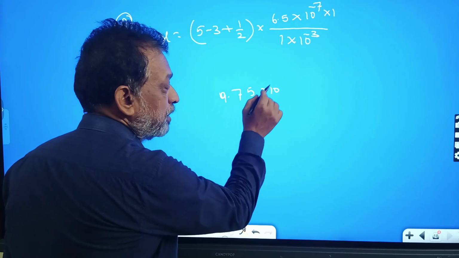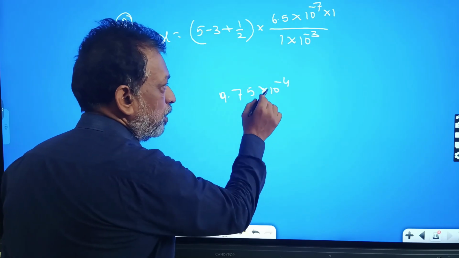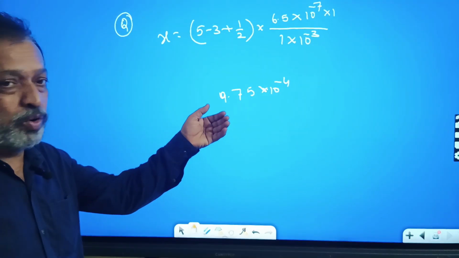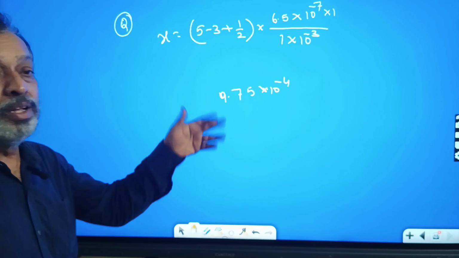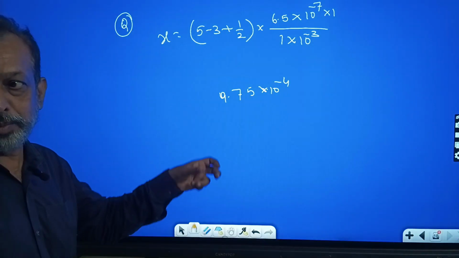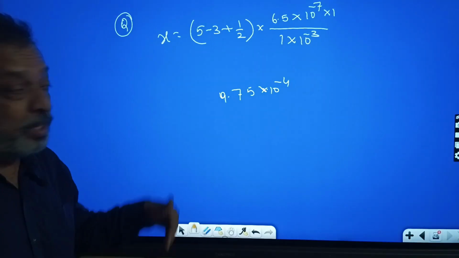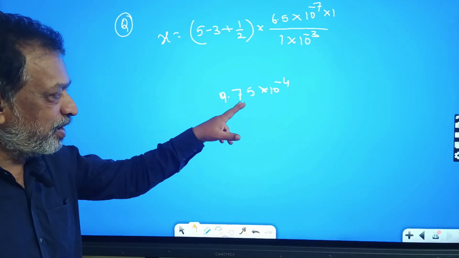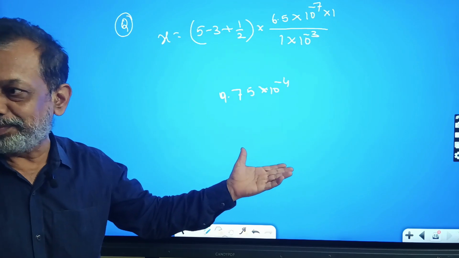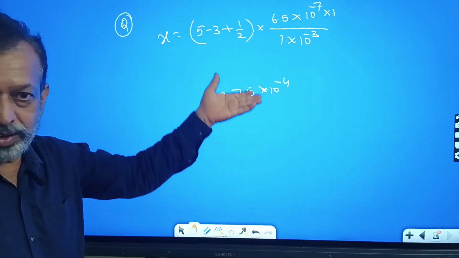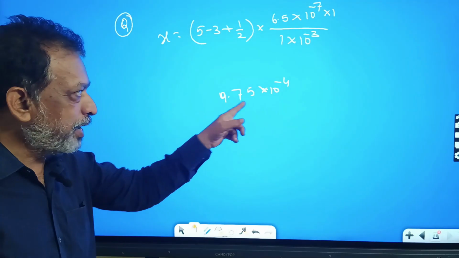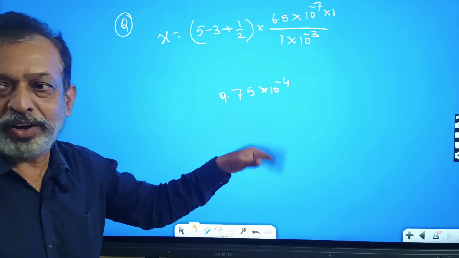Minus 4. Any answer? Even if we do the full calculation, but options are there, then it is easy, time will be saved, no need to take this much time. Even now we are taking 1 minute. While solving the problems, see how the options A, B, C, D are there. By seeing that 9 point, right, no need to go for full calculation. In examination, options are there, A, B, C, D or 1, 2, 3. If it comes to 9 point or 9.6, leave it, no need to go for full calculation.